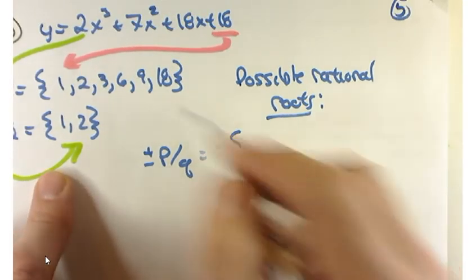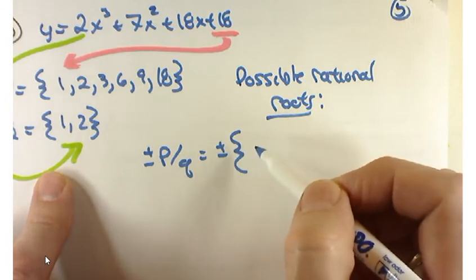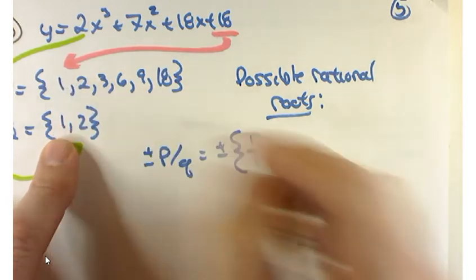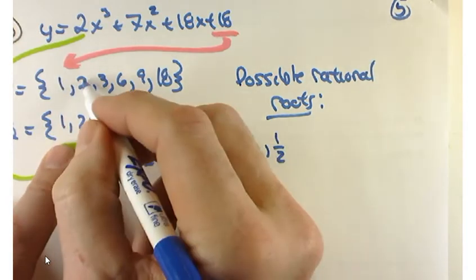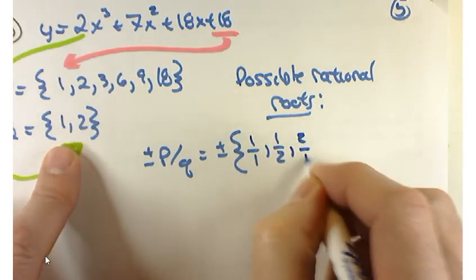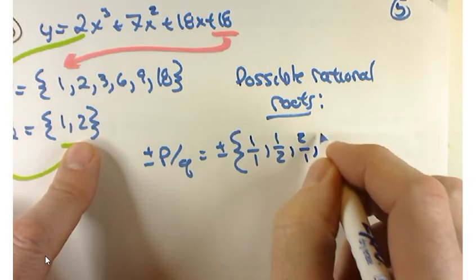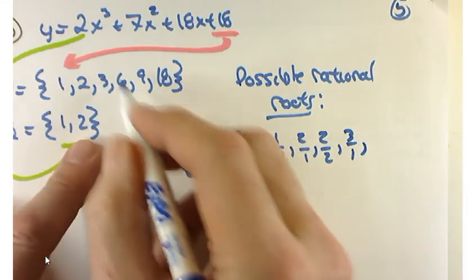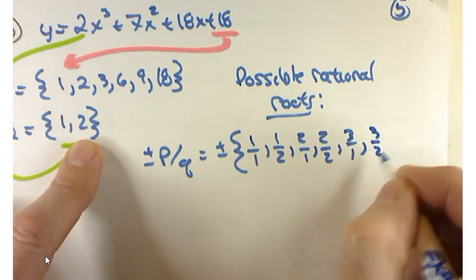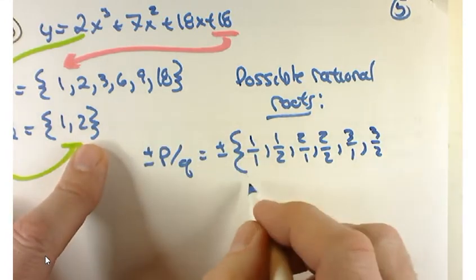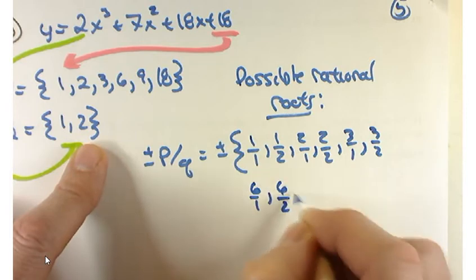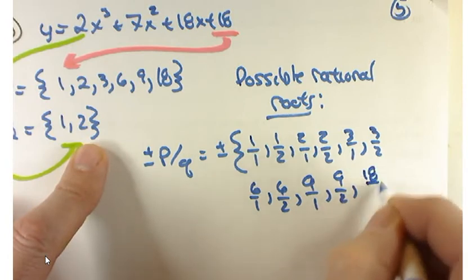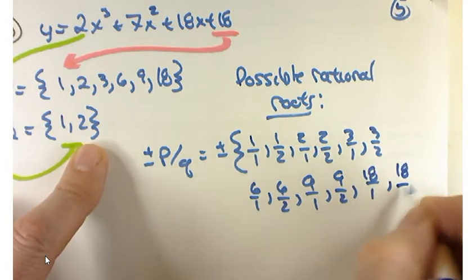So we get plus or minus 1 over 1, 1 over 2, 2 over 1, 2 over 2, 3 over 1, 3 over 2, and this is starting to get kind of boring. 6 over 1, 6 over 2, 9 over 1, 9 over 2, 18 over 1, and 18 over 2.